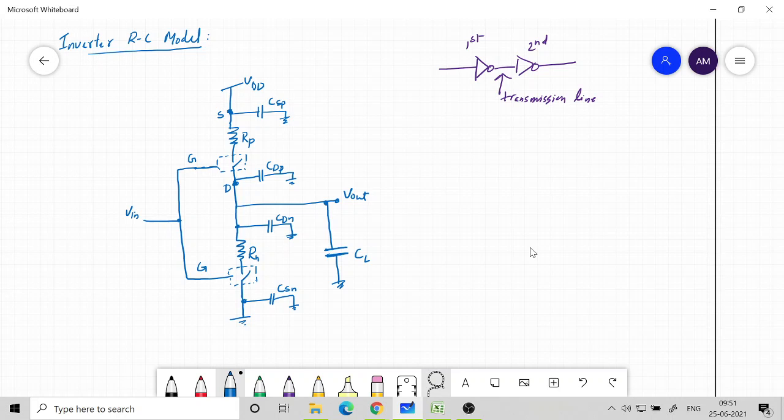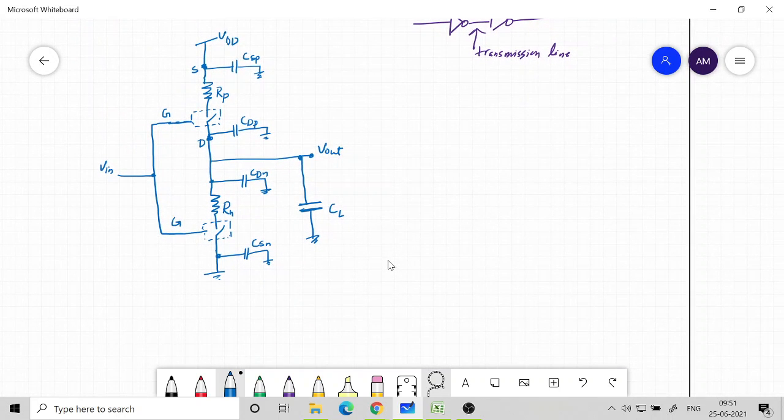Now this circuit, which now we got equivalent circuit. Now if you look at the top capacitor, it is between VDD and ground, and it's not playing any role, right? It is between VDD and ground, and similarly this capacitance is between ground and ground, so this also has no role.